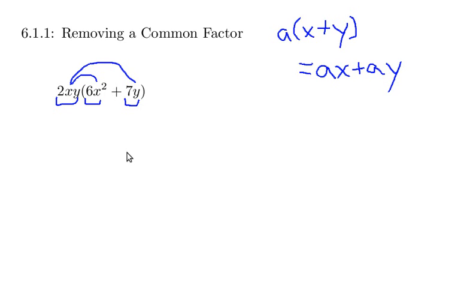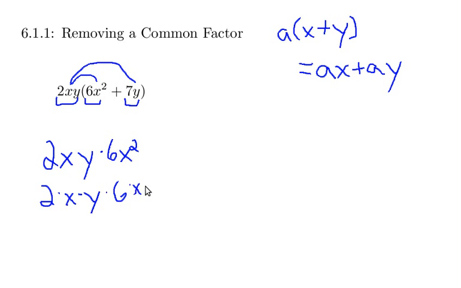I'm going to do it in kind of a long way just so you can see how I'm doing it. So if we have 2 times x times y times 6x squared, well, let's go ahead and just rearrange all this. So this will be 2 times x times y times 6 times x times x.